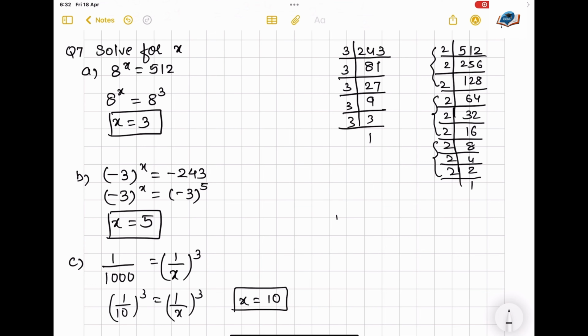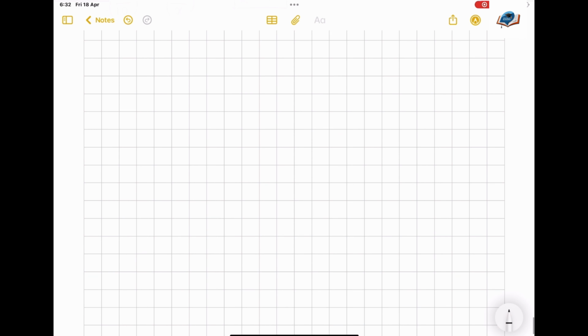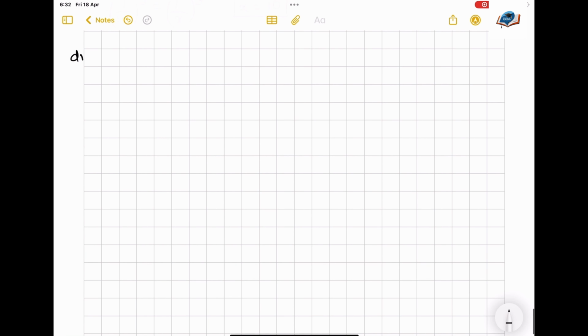Then D, 4 upon 5 whole raised to x equal to 1024 upon 3125. So first I am finding the prime factorization of 1024. So 2 5s are 10, 2 1s are 2, 2 2s are 4.